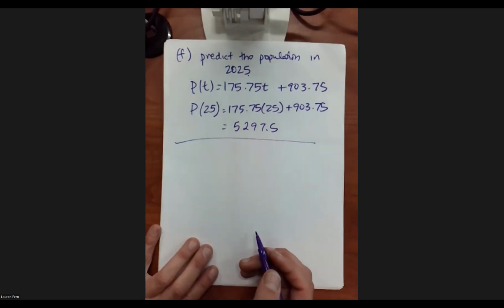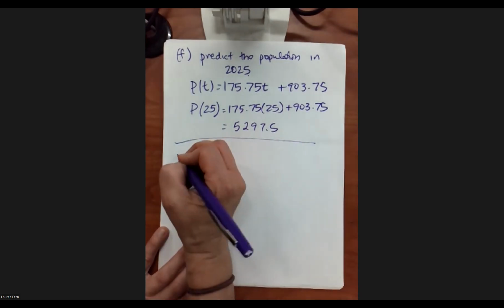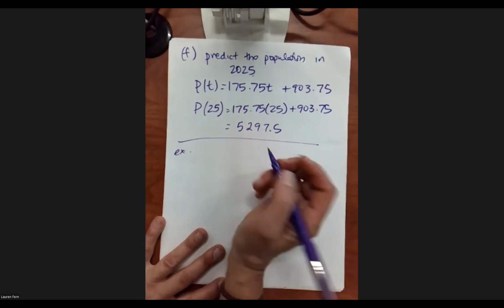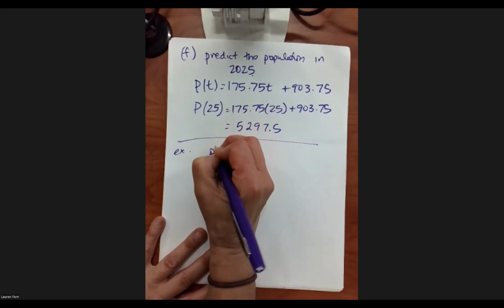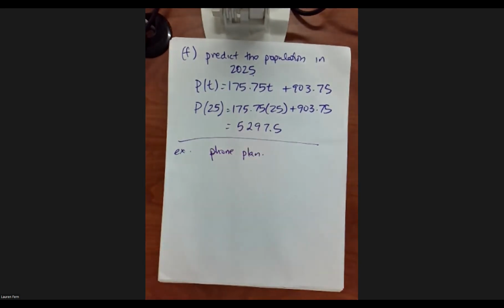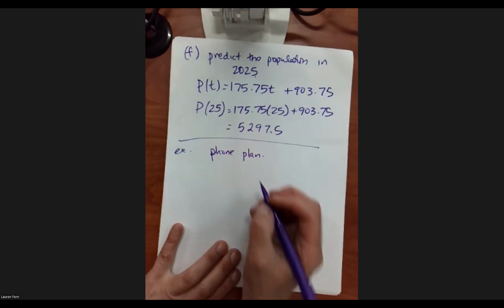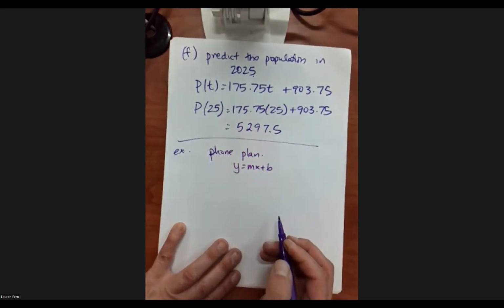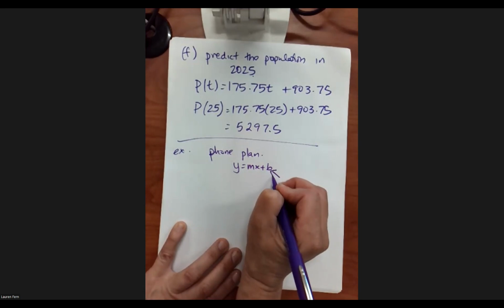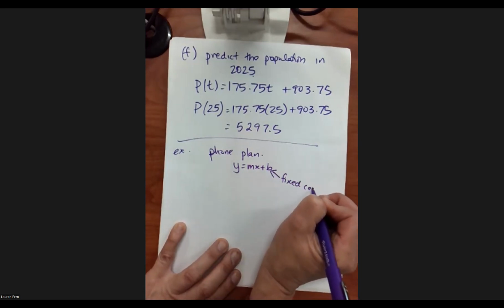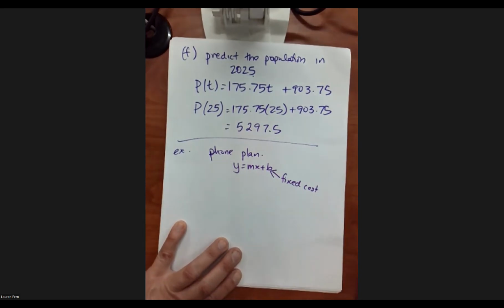So suppose I tell you the following. Suppose I tell you that there's some phone plan, okay? And with most phone plans, or historically with phone plans, if we wanted to write them as a line, typically your B is your fixed cost, right? So it's kind of like renting a car.